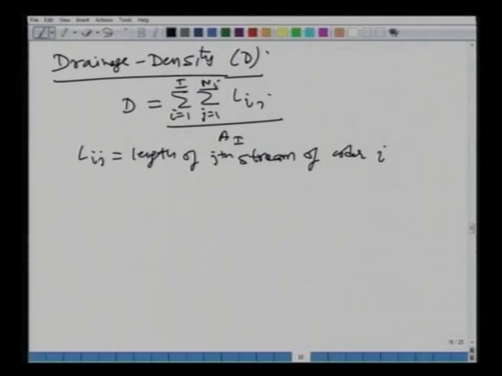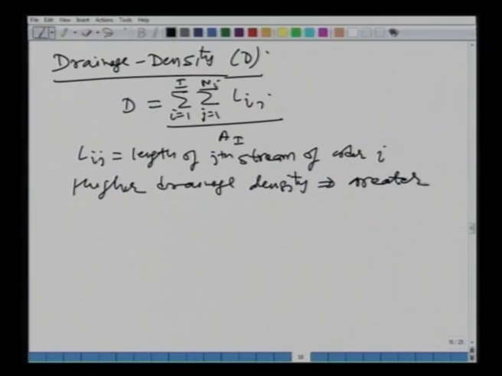So, you can say that higher drainage density means greater hydraulic efficiency or drainage capacity of the catchment.